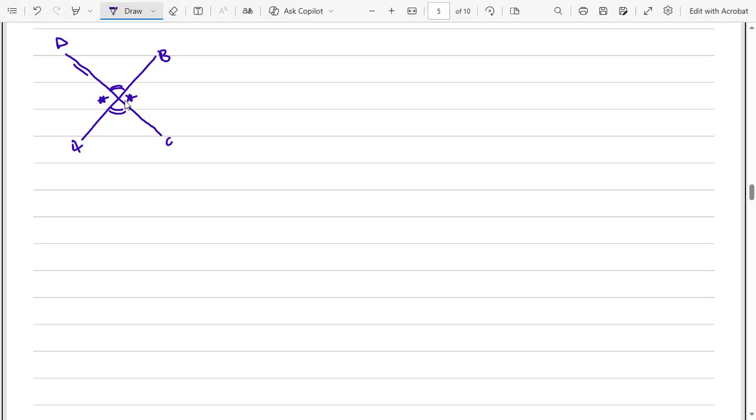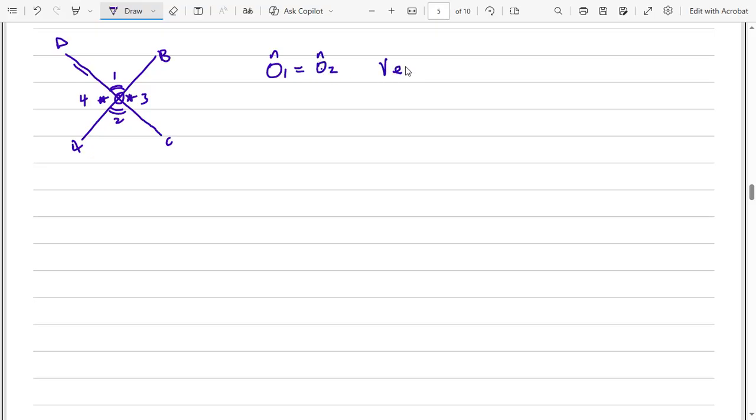Vertical opposite angles are equal. Yeah. So if this is maybe center O, we call this 1, this is 2, this is 3, this is 4. So angle O1 will be equal to angle O2.